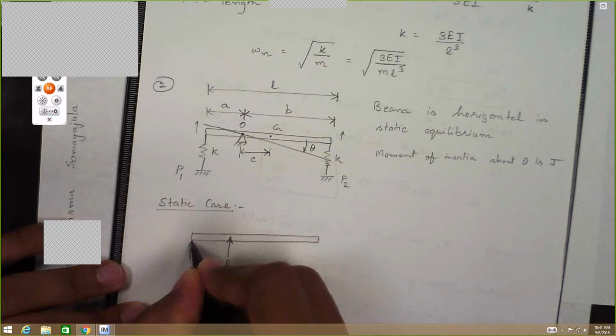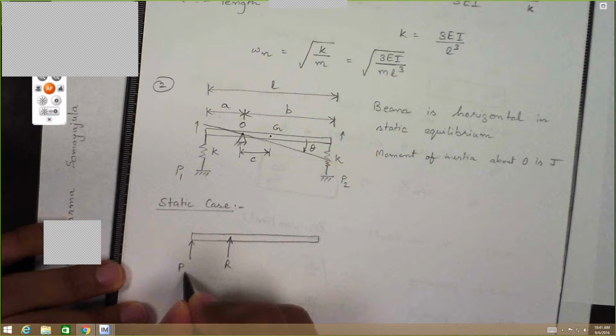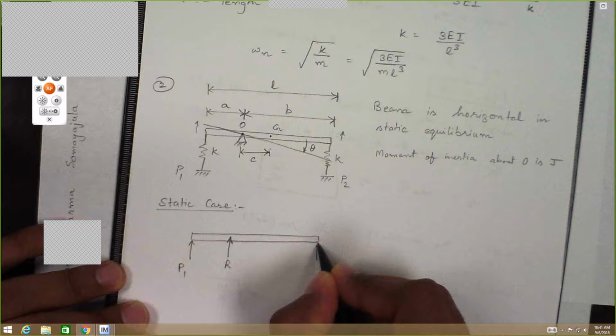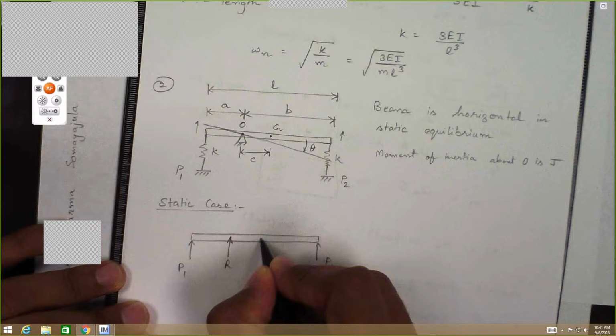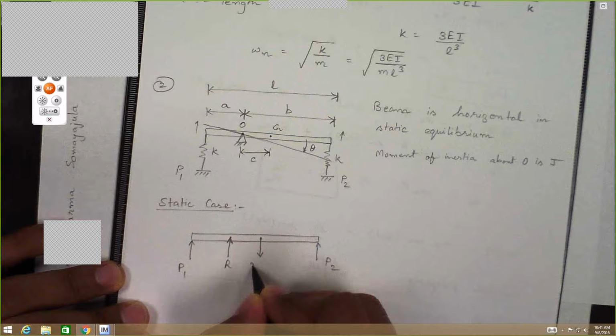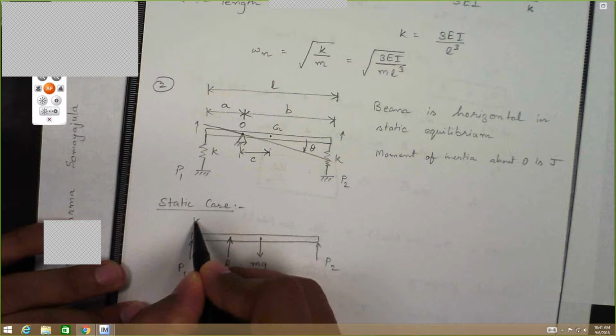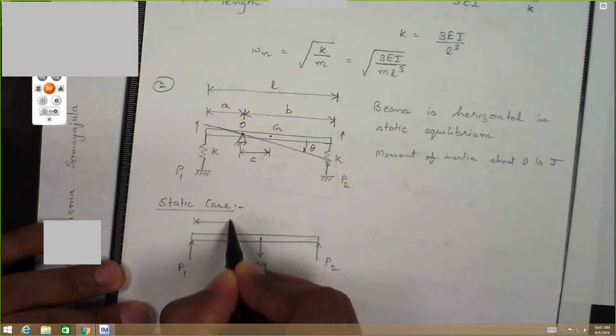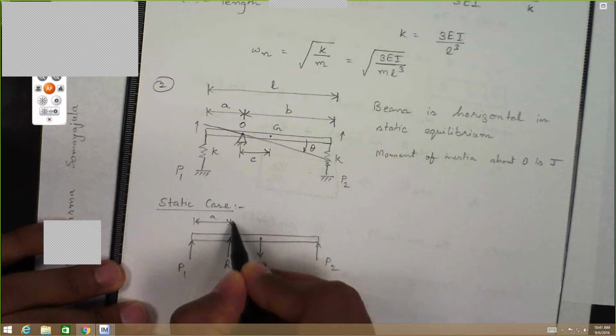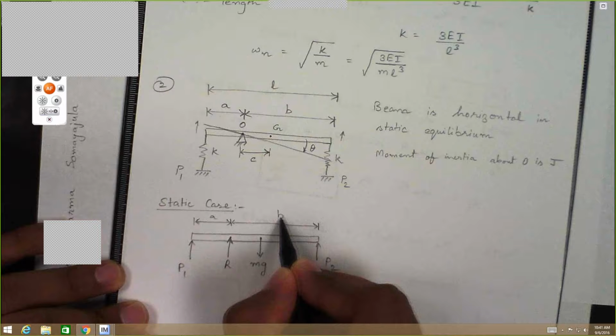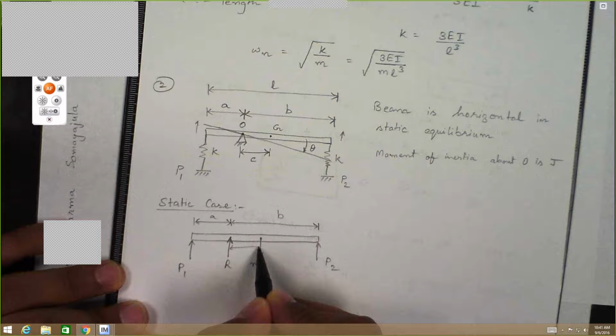We have the force P1 and here P2, and from the center of mass, M times G acting. Again, this distance is A, this distance is B, and this distance is C.